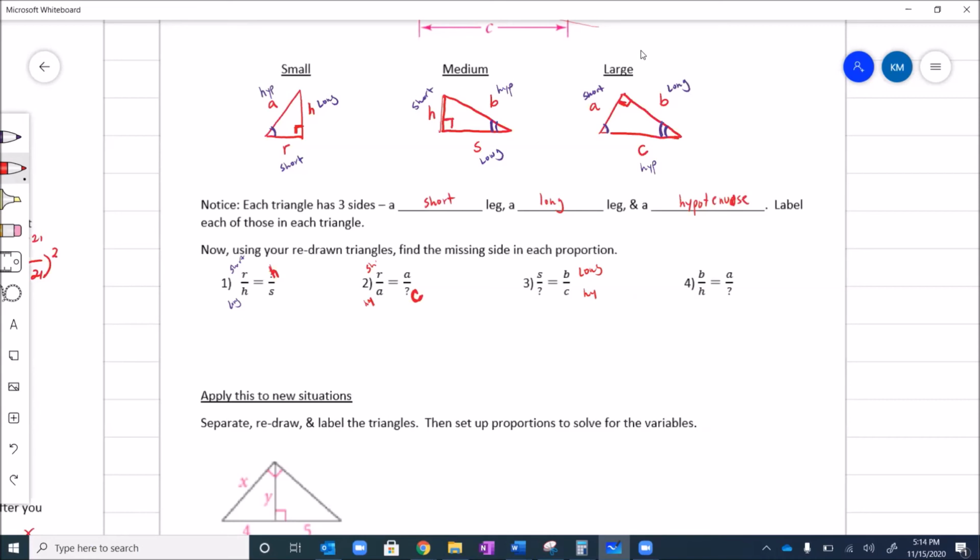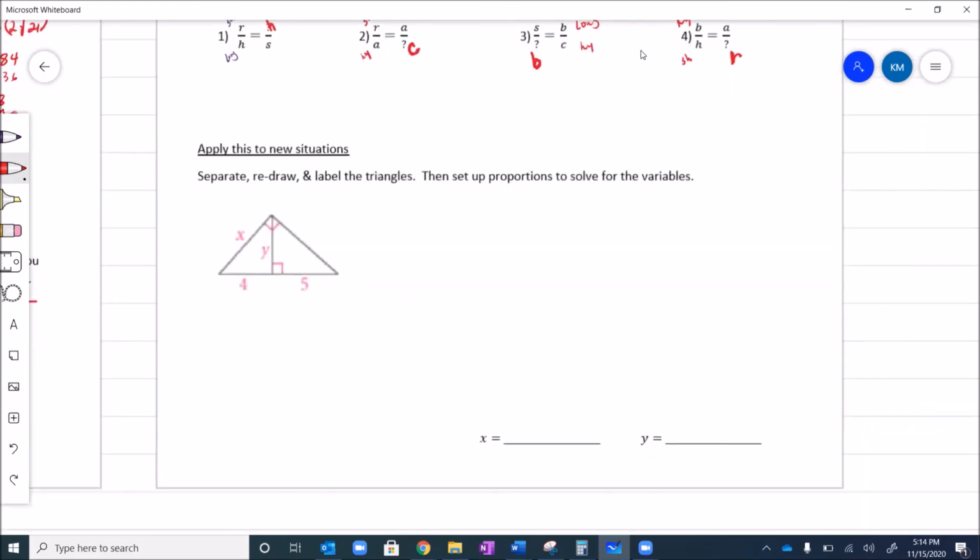The hypotenuse in that triangle is B. And number 4, I have B and H. B and H are in our medium triangle, and that's hypotenuse and short. So I'm looking for the triangle where A is my hypotenuse. That's my small triangle. My short side is R. By drawing and labeling out these triangles, I was able to finish these proportions just by recognizing what sides they were. All right, so let's do that again here.